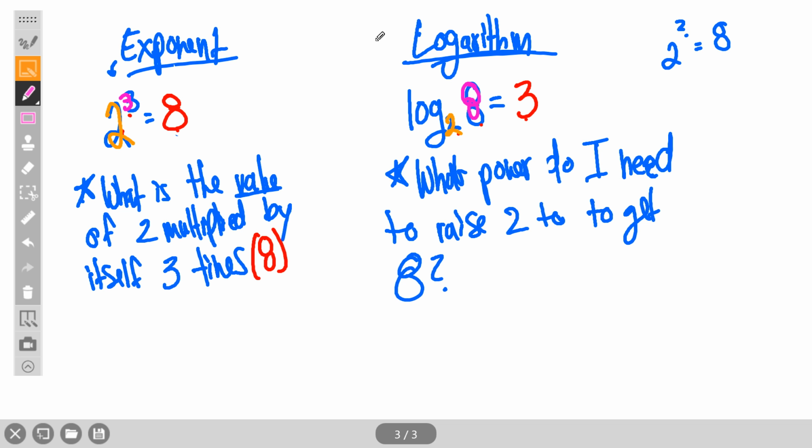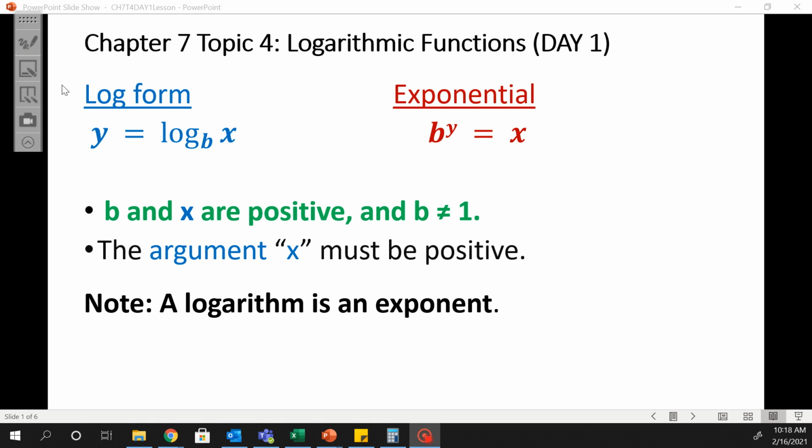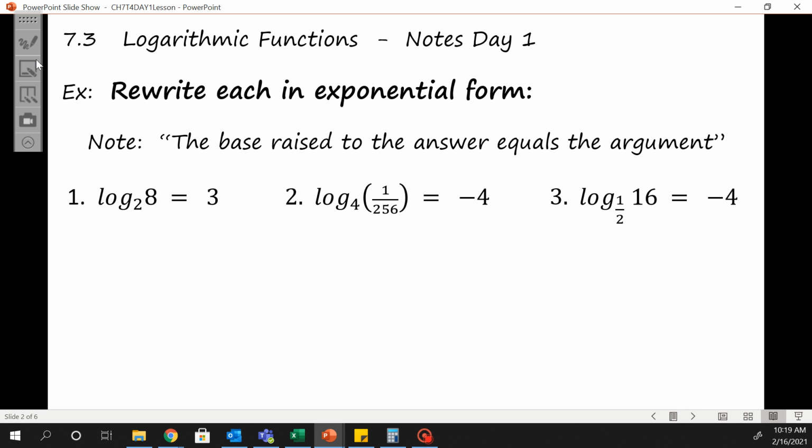Those numbers are switched places, the 3 and the 8. In log form, the base of the log and the base of the exponent are the same. The only thing that's different are the x and the y, the other side of the equal sign. So let's keep that in mind as we try to go between the two forms.